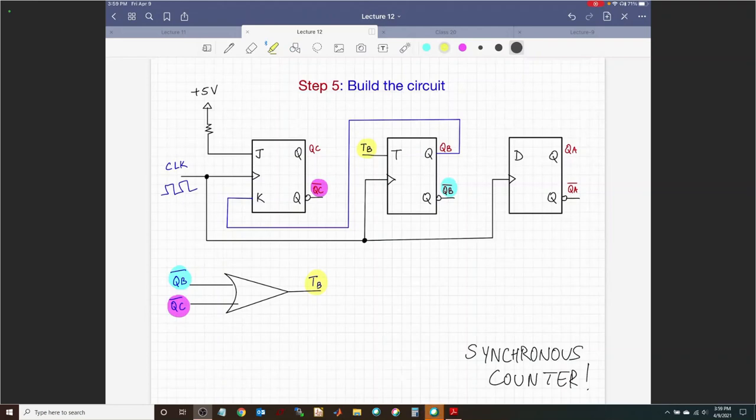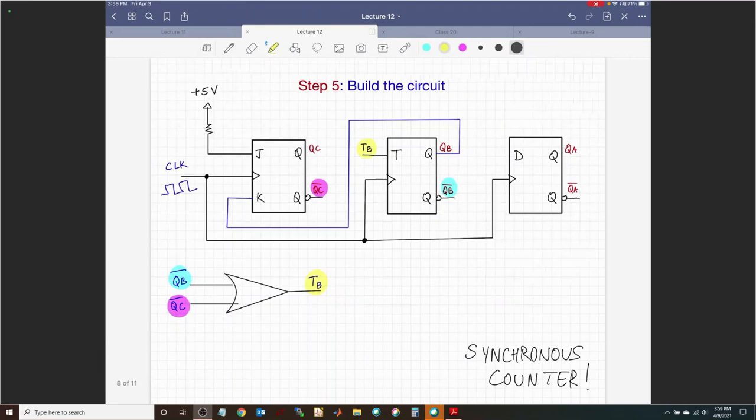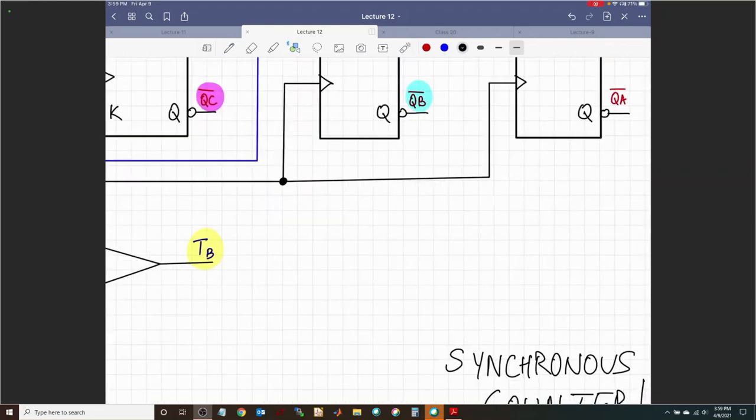Now we are left with only D. What is D? Exclusive NOR between QA and QC. Can I do this over here, this and going into that? I don't know. I may just choose to do this.